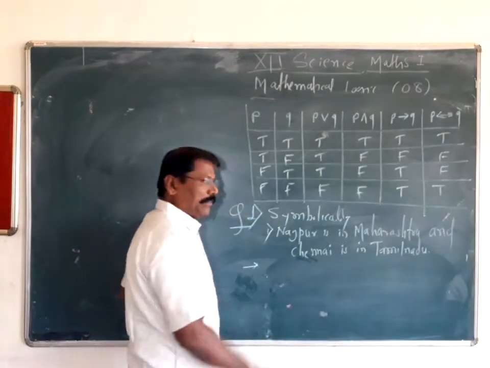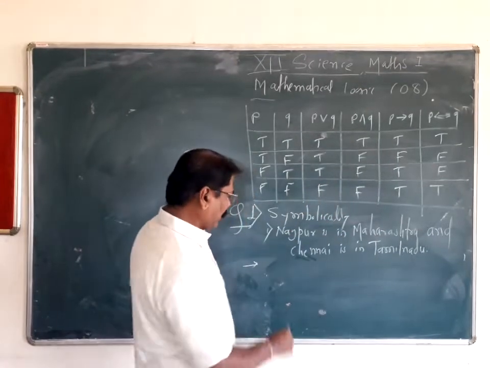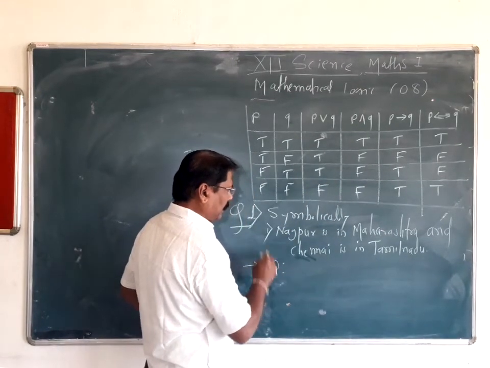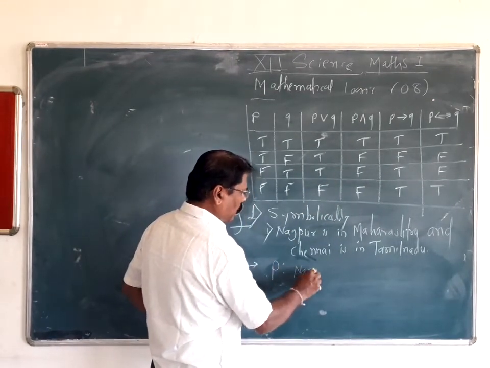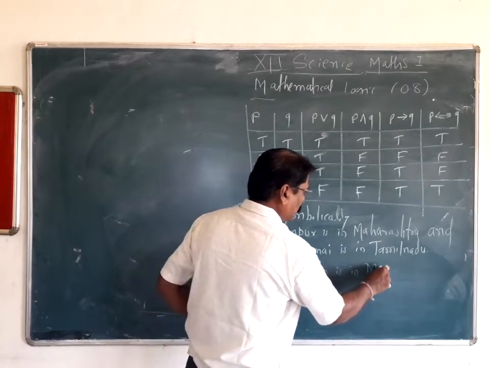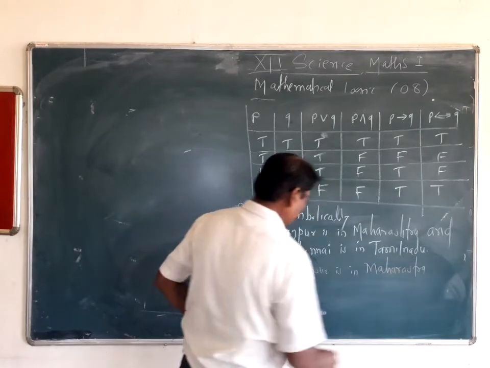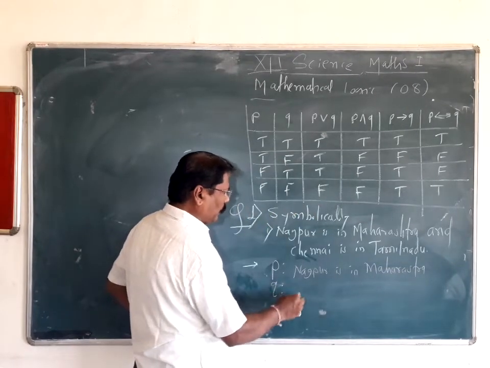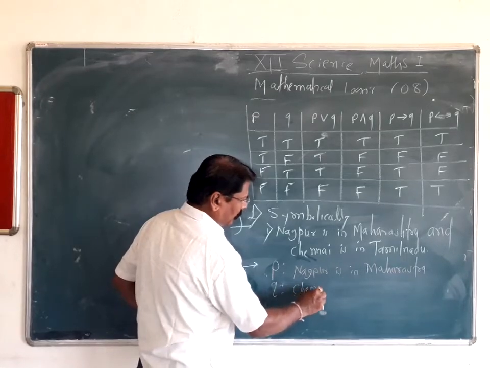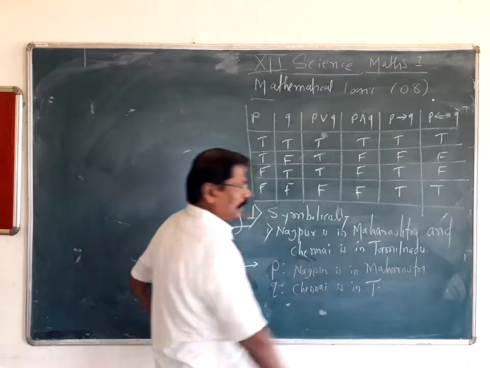We are going to write in symbolic form, so use abbreviation symbols. Say the first statement is called P, that is, Nagpur is in Maharashtra. And the second statement is written by Q, Chennai is in Tamil Nadu.